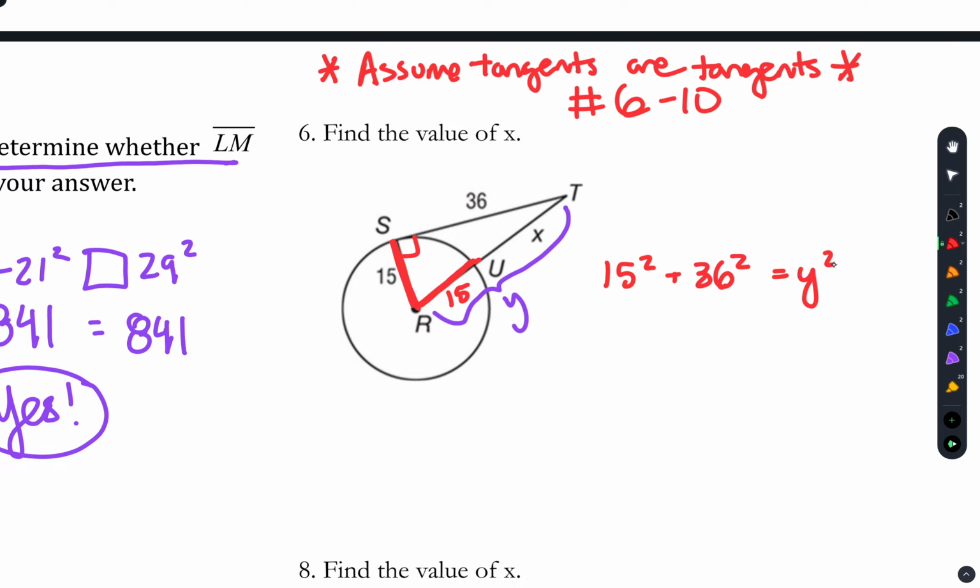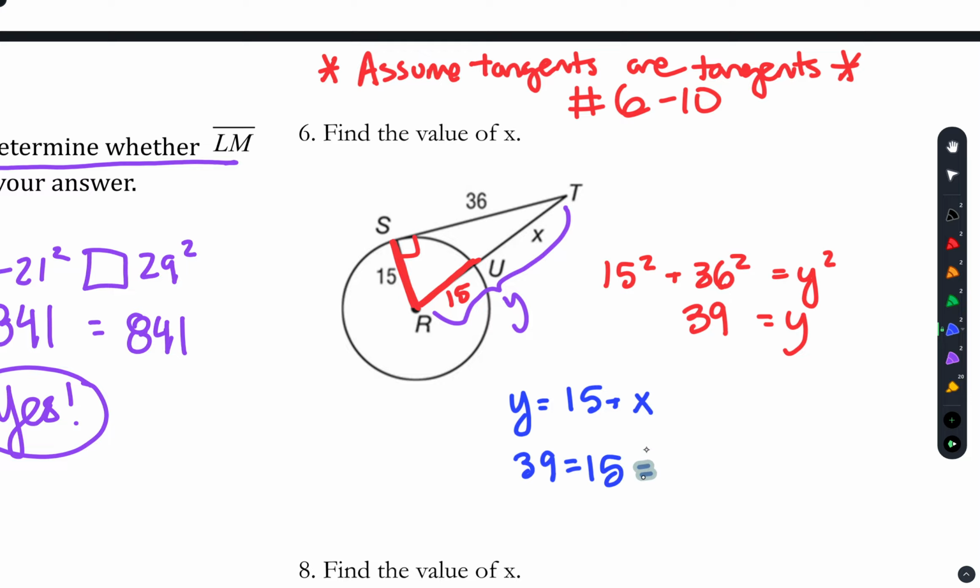So 15 squared plus 36 squared equals y squared. We can literally do that whole thing in my calculator. 15 squared plus 36 squared, square root it. I believe we get something like 39. And then rather than factoring to find our x, now all I have to do is say, well, y equals 15 plus x, and y is 39.